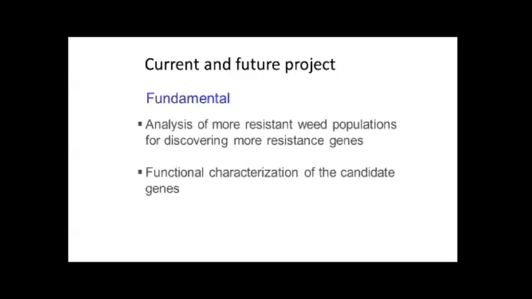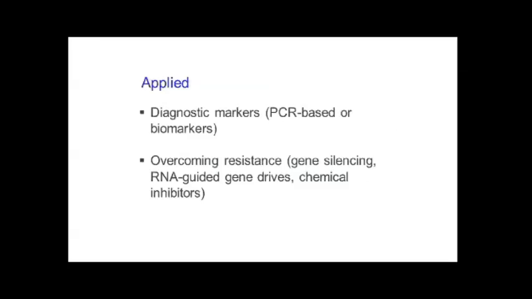Currently we want to get more resistance genes analyzed and discovered in more populations, and analyze their function in order to, in the future, develop diagnostic tools for early detection of metabolic resistance, because we have markers for target site resistance, but we don't have markers for metabolic resistance. So in the long run, we want to overcome or mitigate metabolic resistance using chemical or biochemical inhibitors, or using genetic silencing, RNA-guided gene drive, or gene editing.